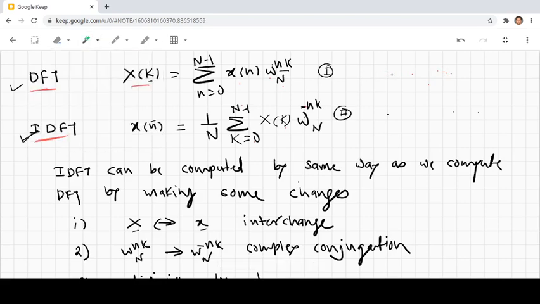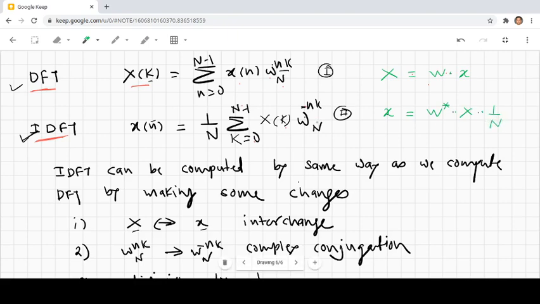We say that the DFT capital X is the W matrix multiplied by the x matrix, and the IDFT x is the complex conjugate of the W matrix multiplied by the capital X matrix multiplied by 1 by N.